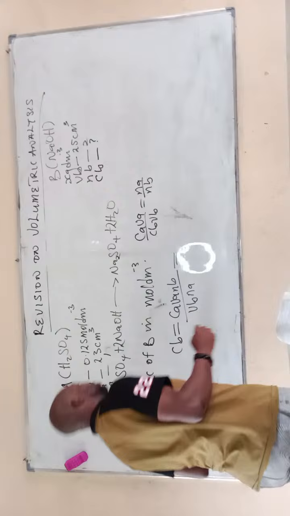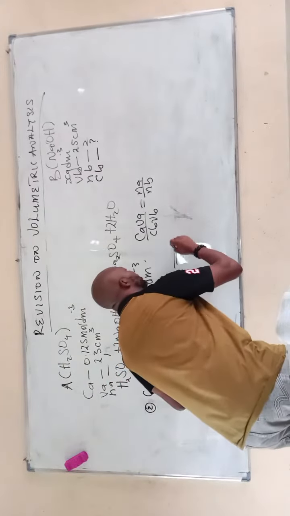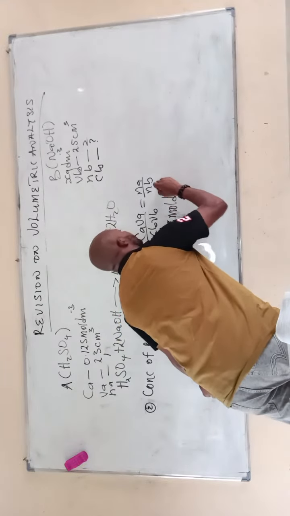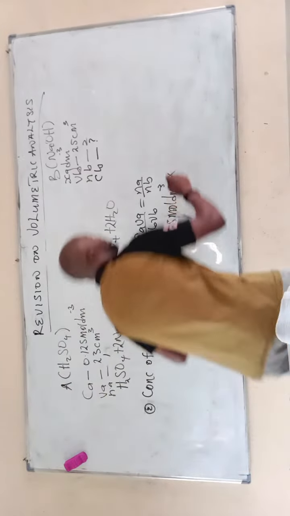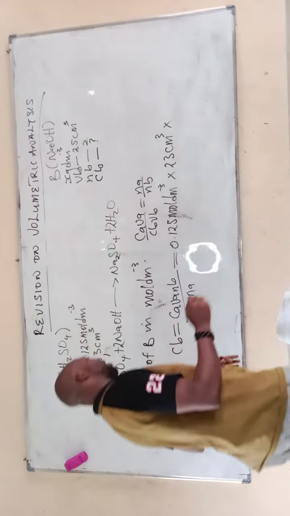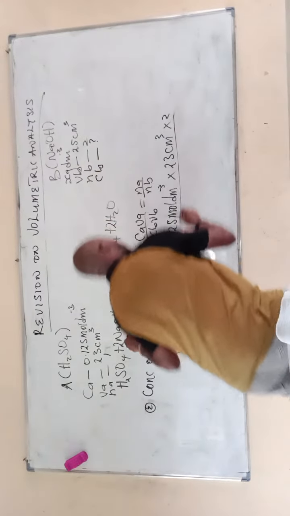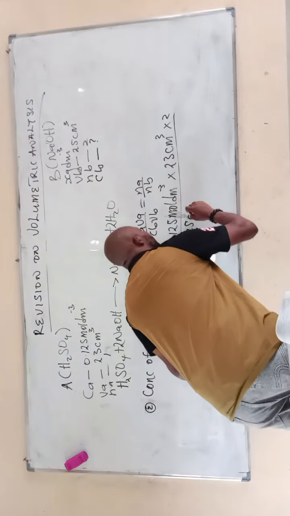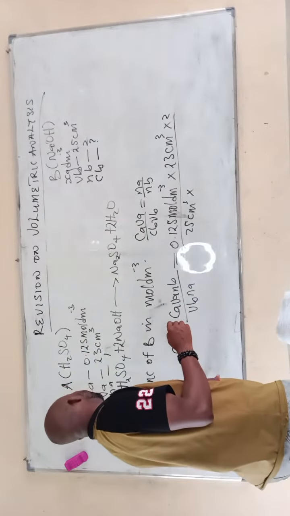And this is the concentration of the acid, which I've gotten already. It was given as 0.125 mole per dm cube times the volume of the acid, 23 cm cube, times the number of moles of the base, which is 2, all over the volume of the base, which is 25, times the number of moles of acid, NA, which is 1.